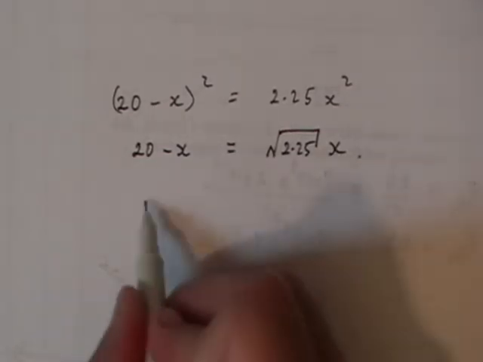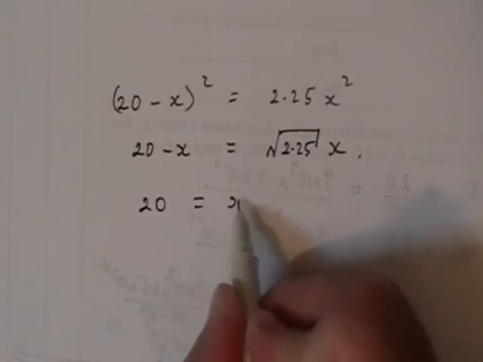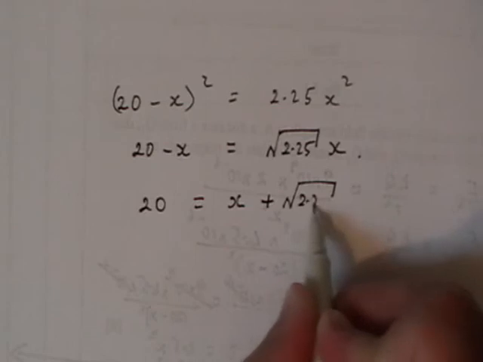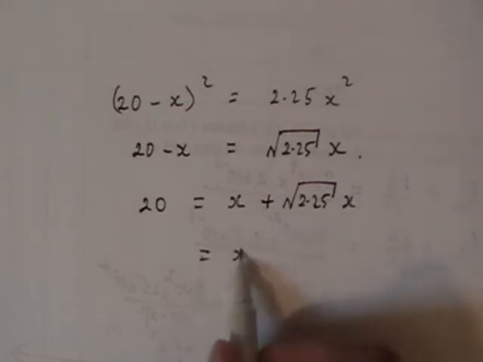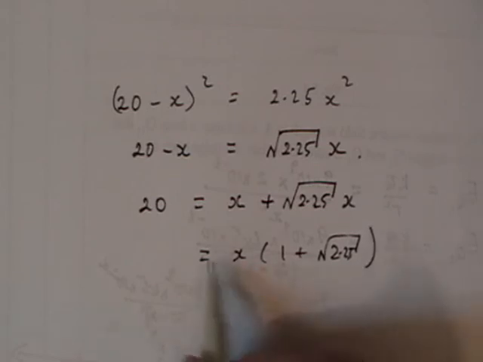Bring the x across, so 20 is equal to x plus the square root of 2.25 times x. That's equal to x times 1 plus the square root of 2.25.